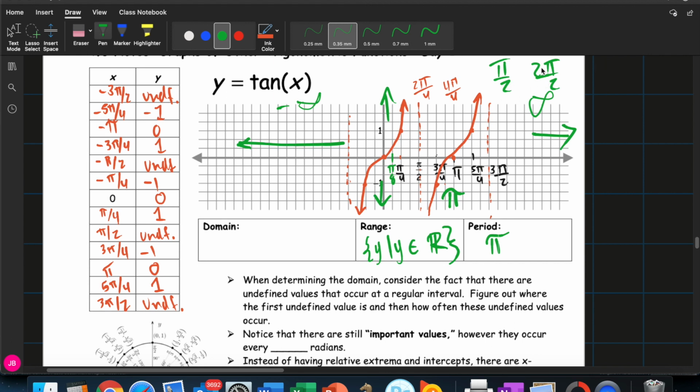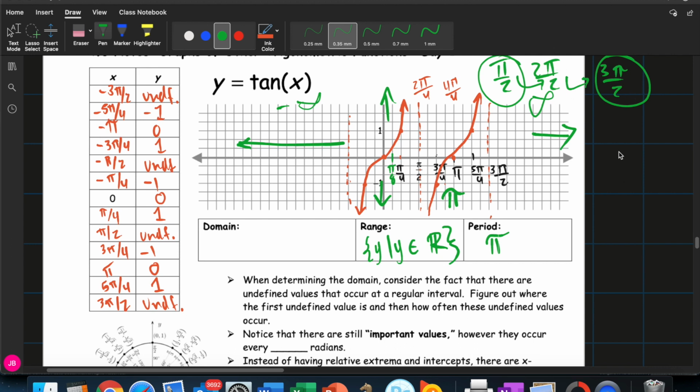Because from here to here, I added 1/2, and here I could add another half, and I could get 3 pi over 2. Does 3 pi over 2 have an asymptote? Every whole after a half. This is a half. This is not a whole. So you're saying every other half, right? So you're adding a half here, but this is not an asymptote, and then you're adding another half here.